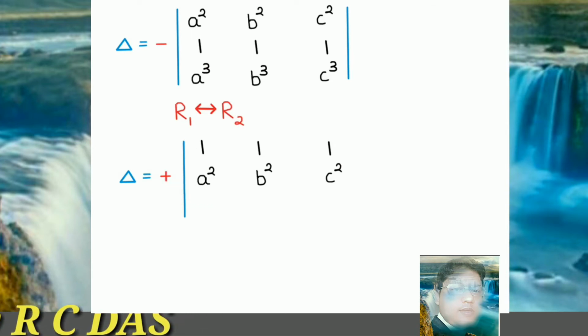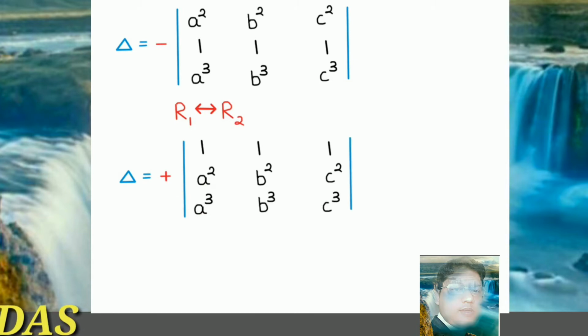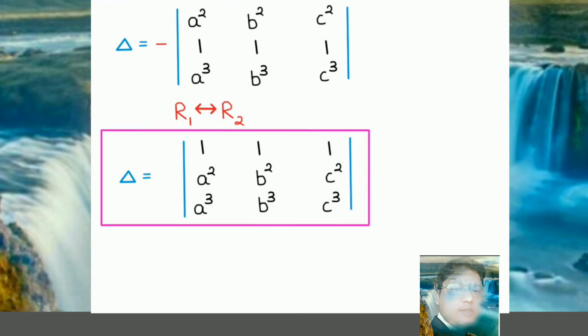So minus and minus will be plus. So, my students, I get 1, 1, 1, and it is the right side for the first question. So I already get the right side of the first term.